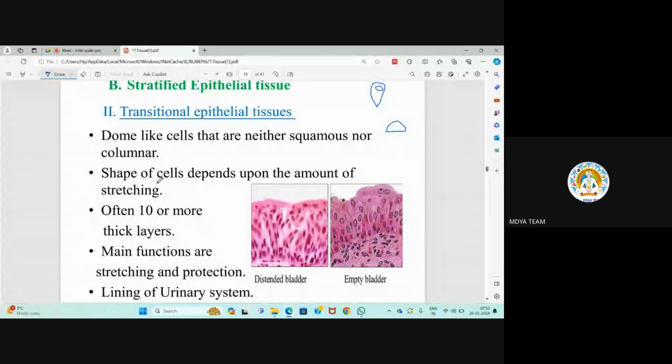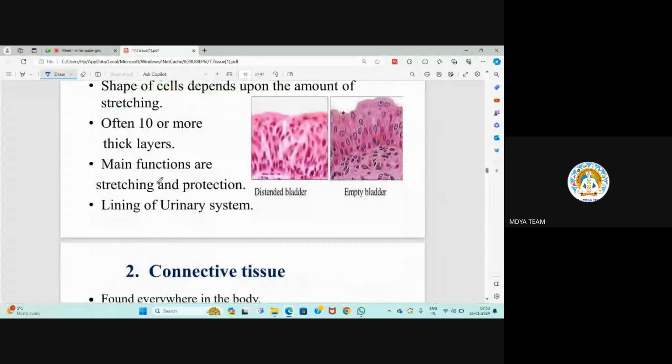And we can find it in the linings of the urinary system. We have all felt that when we are not urinating for a long time, our urinary bladder gets stretched and becomes larger, right? So why does it become larger?